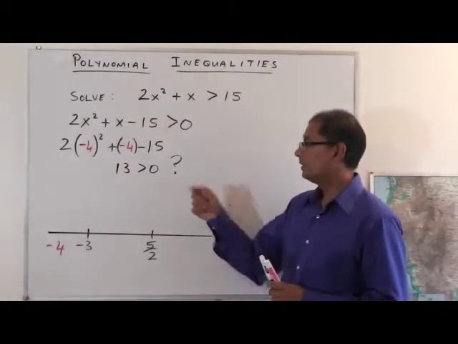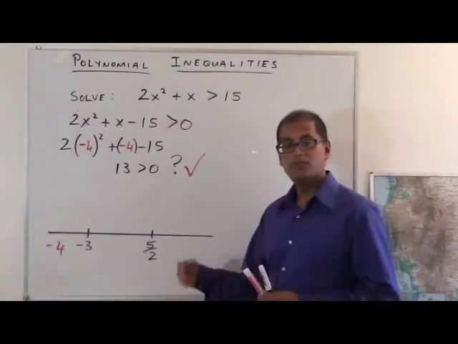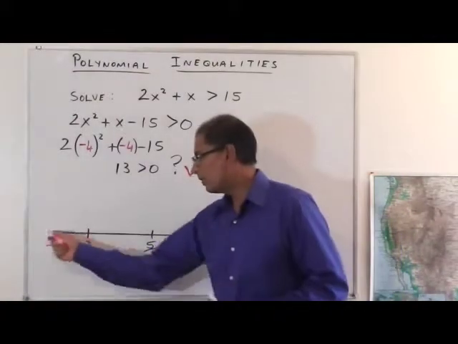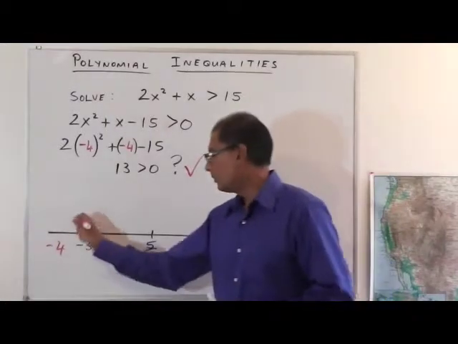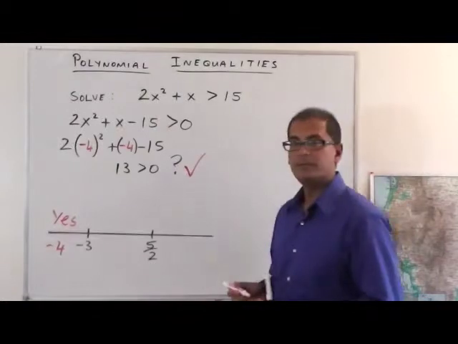And so, yes, that's true. So that means that negative 4 is in the interval where there's a solution, and that means that this is part of our solution here. So we can put a yes or a tick mark here on this part of the interval.